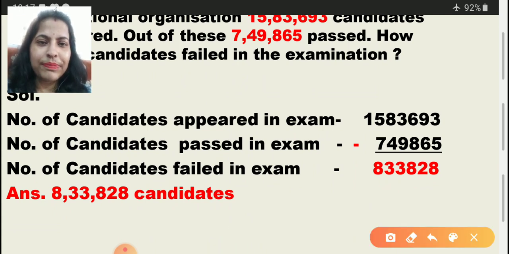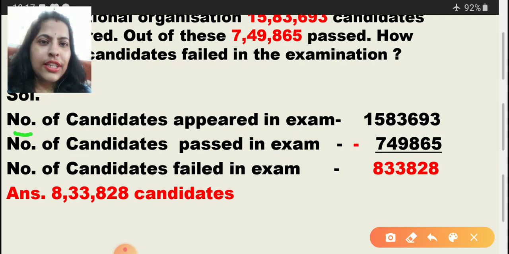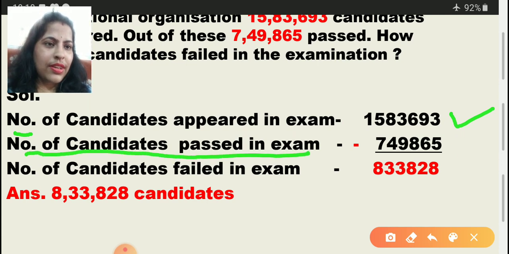How will we write? Again you can see, the number of candidates appeared in the exam is given: 15,83,693. The second is the number of candidates passed in the exam: 7,49,865.